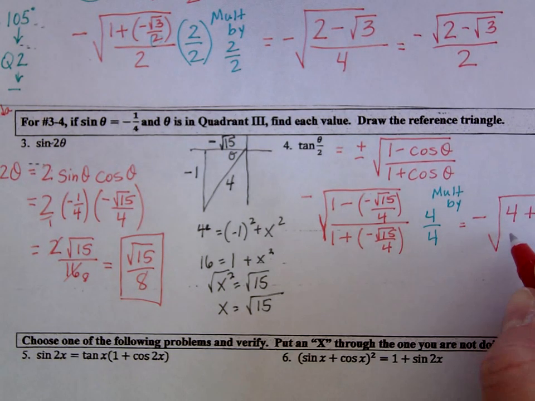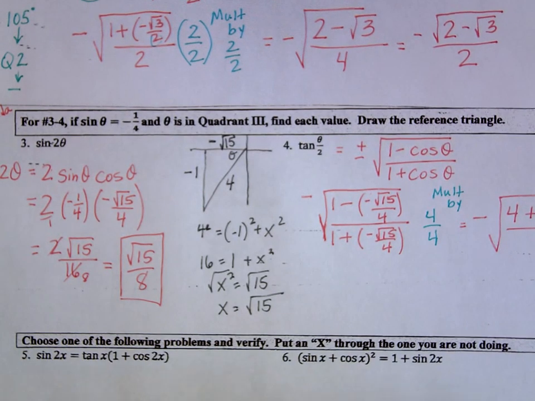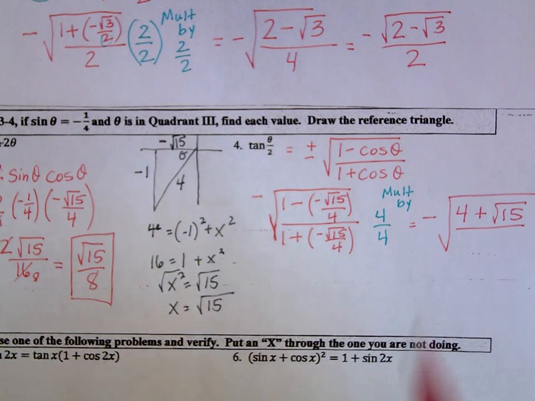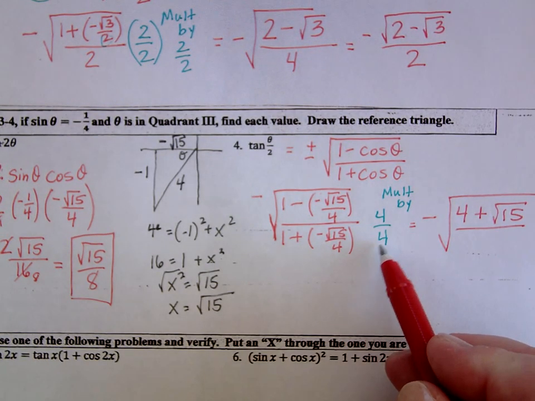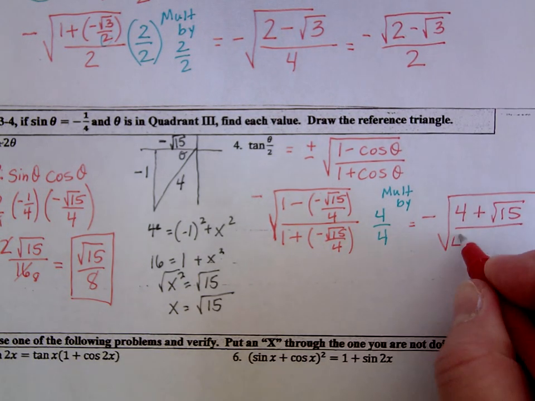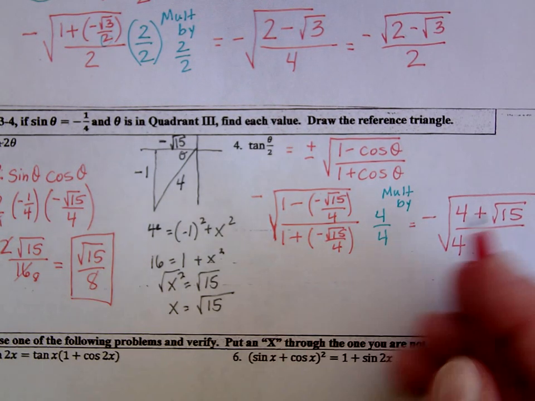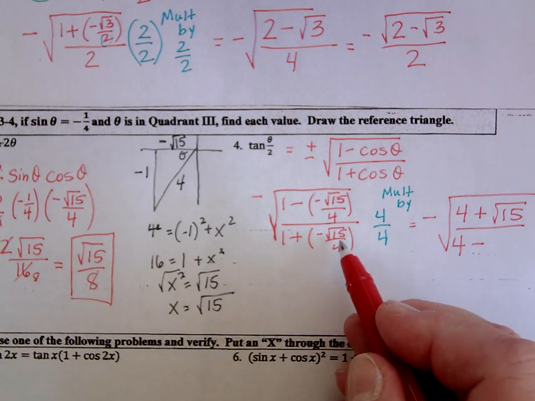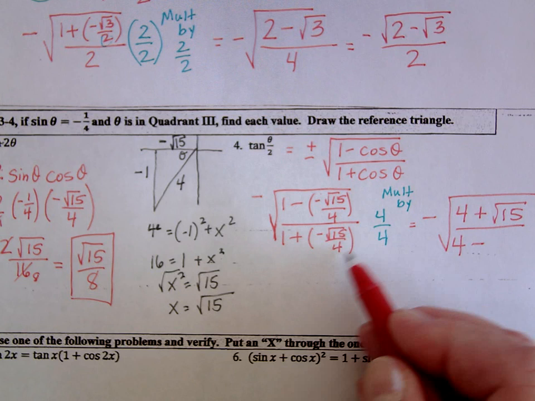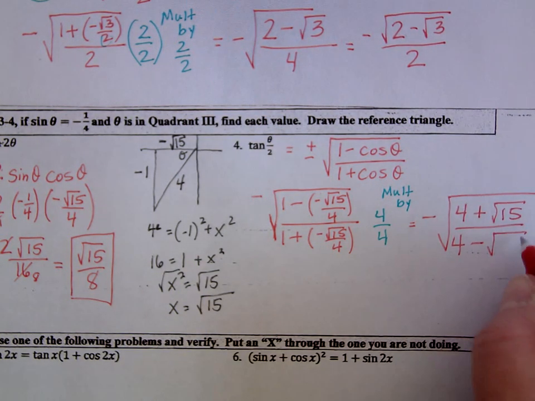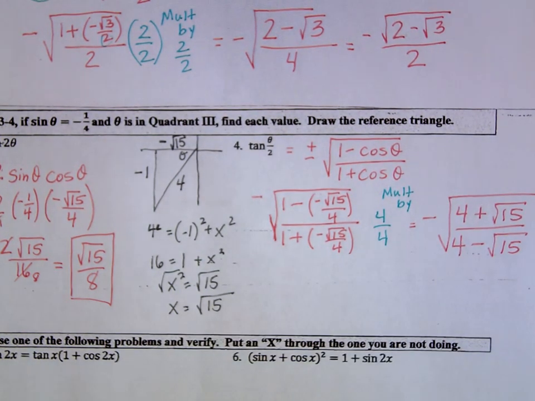There's your new top. All right, on the bottom, I'm going to do the same thing. Multiply by 4. 4 times 1 is 4. Plus and negative makes this a minus. And then I get the square root of 15 over 4 times a 4. 4's cancel again. I get a square root of 15. And that, my friends, is your final answer.